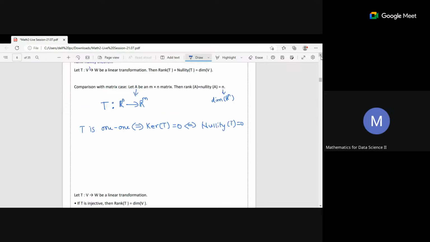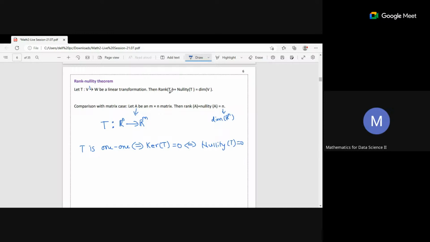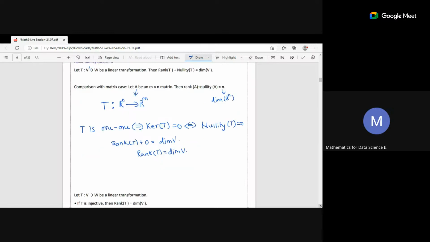So if nullity is 0 in the rank nullity theorem, then what do you get? Full rank. Right? So rank is nothing but the dimension of V. This is the case when T is 1 to 1.